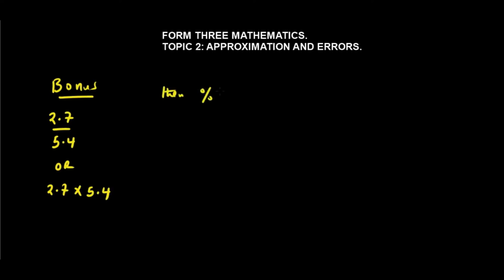So next is a bonus. As a bonus, if you have a quotient or a product, for example 2.7 divided by 5.4, or if you have 2.7 times 5.4, then the percentage error is obtained by simply having the relative error times 100, of which the point of interest is on the relative error.